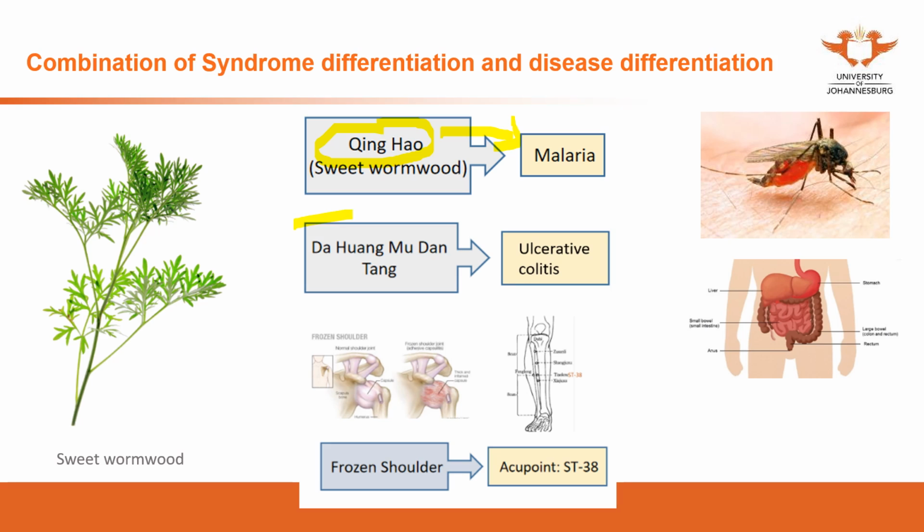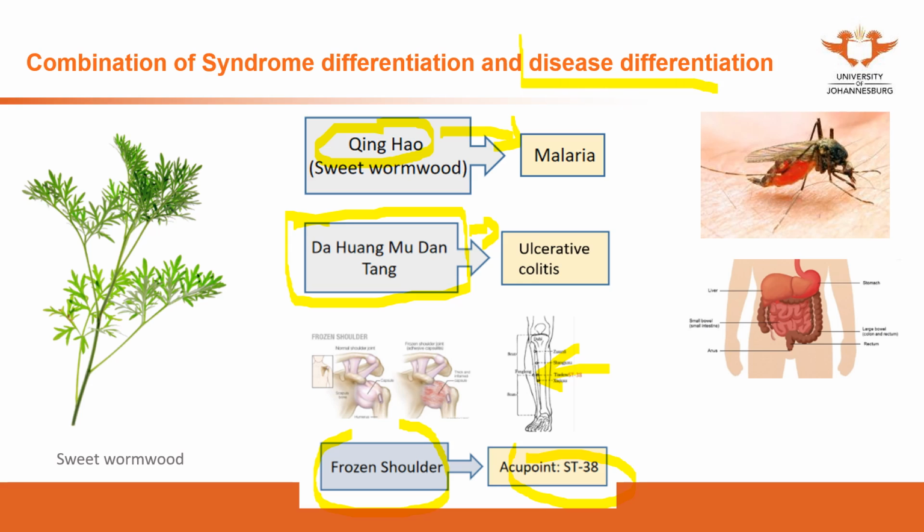We can use a formula, 大黄牡丹汤, to treat this disease. A patient suffers from frozen shoulder, with inflammation in the shoulder. We can use stomach 38 on the leg to treat the shoulder problem. So these are specific points, specific herbs, and specific formulas for specific diseases.